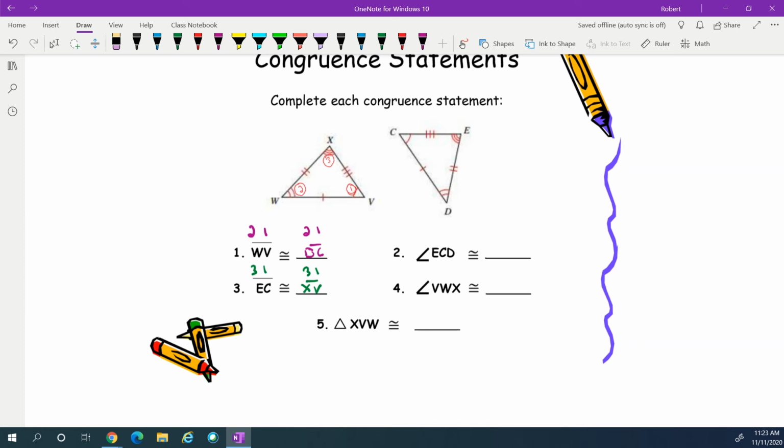ECD. So we need to find that. E is 3 arcs, C is 1, and D is 2. Well, we're going to match it 3, 1, 2.